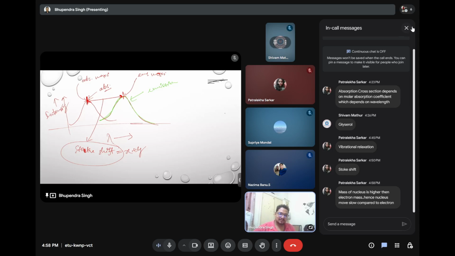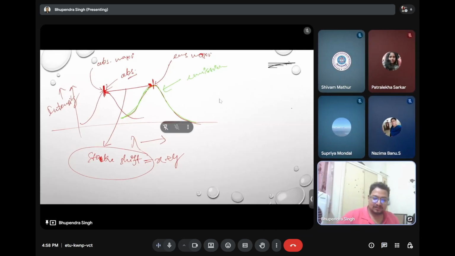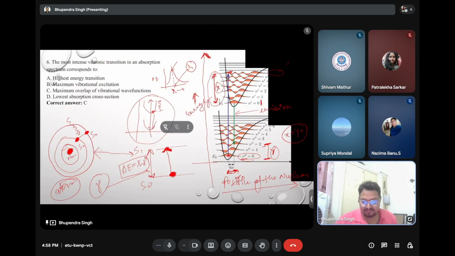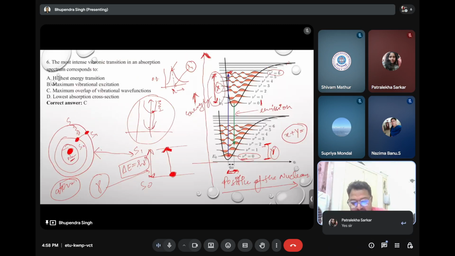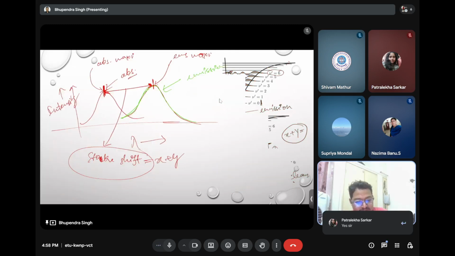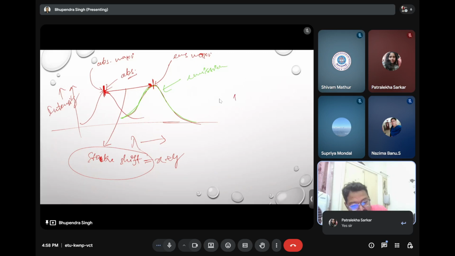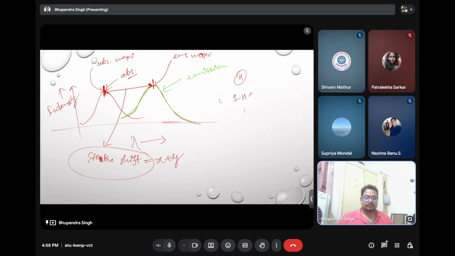What is the nucleus? Nucleus is made of proton and neutron. So let's say one proton is there, I'm considering the hydrogen, right? So what is the mass of the proton?